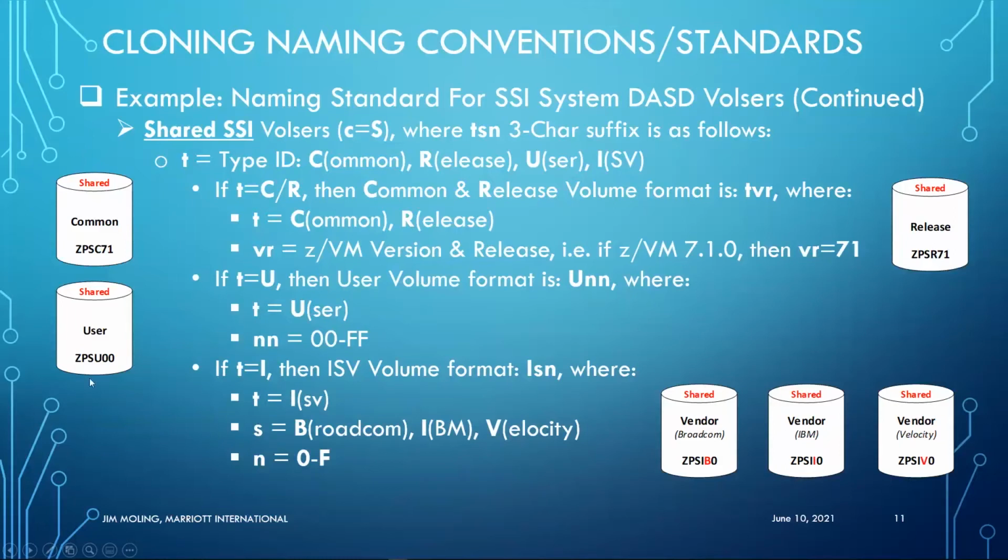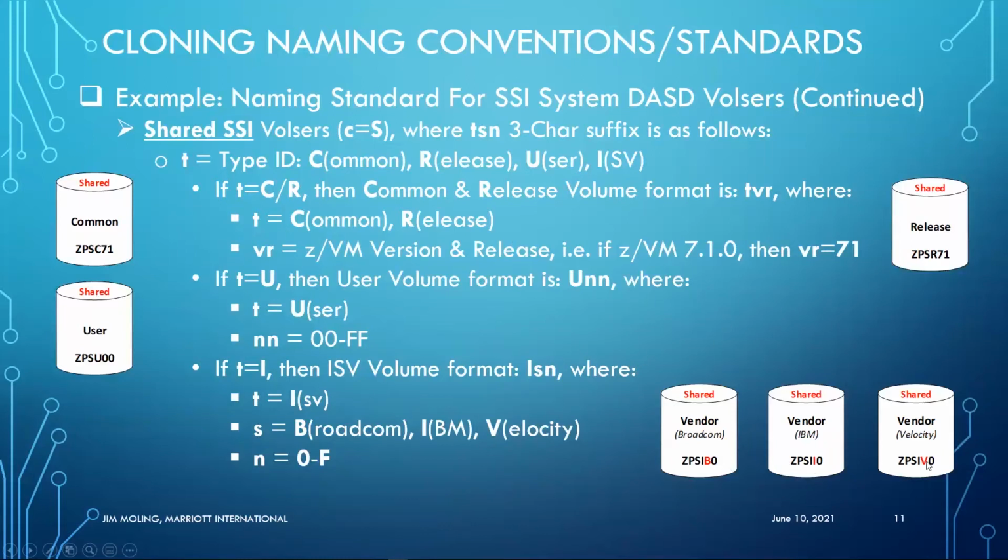So when it comes to the user volume, because you have a double zero at the end, it only needs a U to make it unique. So you can have up to 256 if you stick with hex user volumes, which I think is already way more than I'll ever need. So in terms of being limited by the number of a type of volume, I don't think that's going to be an issue with this naming convention either.